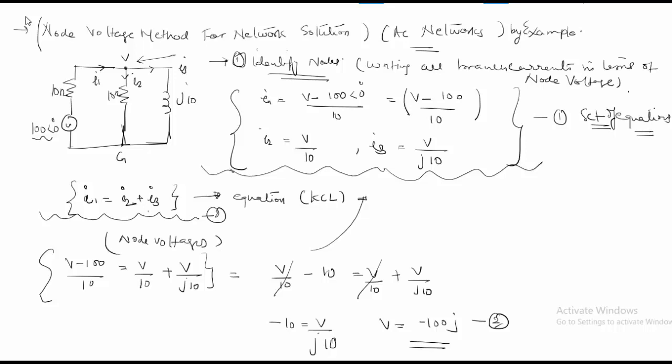I have only one unknown node voltage in this case, which was V, so I found that, and my I1 is equal to minus 100j minus 100 divided by 10, which is equal to minus 10j minus 10, which is minus of 10j plus 10.